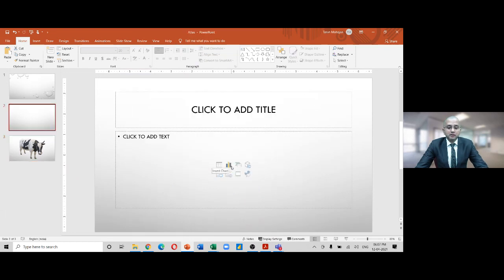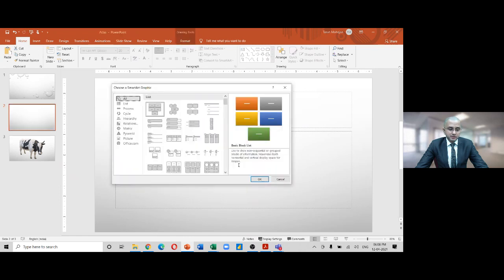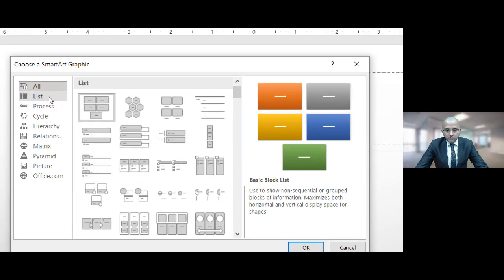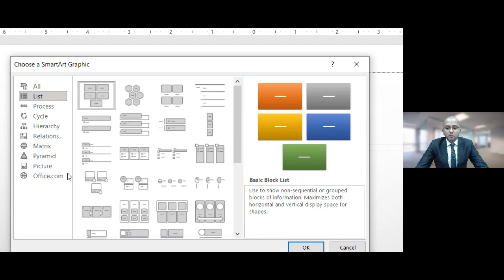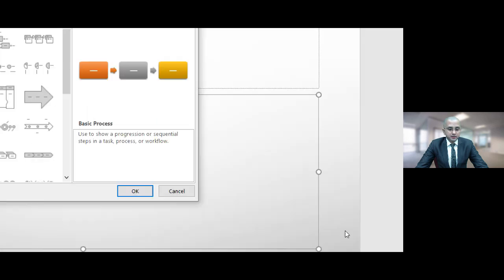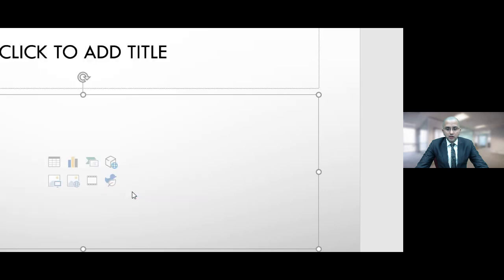So table, graph. Now let's learn about something very interesting, Smartart Graphics. So I click on Smartart Graphics. And in Smartart Graphics, I have a whole list of things. So Smartart may be in the form of a list or in the form of a process. So simply I can say a process and then I say OK.